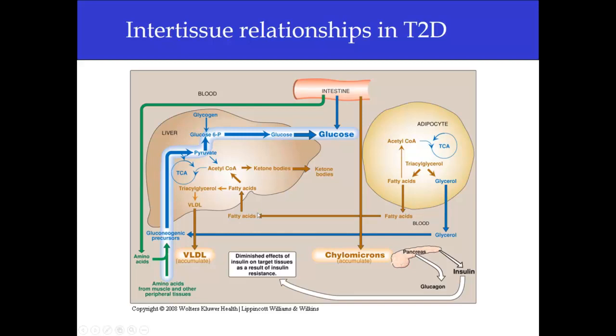So exactly the same scenario, except that the pancreas is making some insulin and that we have some insulin resistance. Otherwise, everything else is the same. And as I said before, you don't usually see ketoacidosis, so there is some ketone bodies production. You see ketoacidosis only in severe cases of type 2 diabetes.